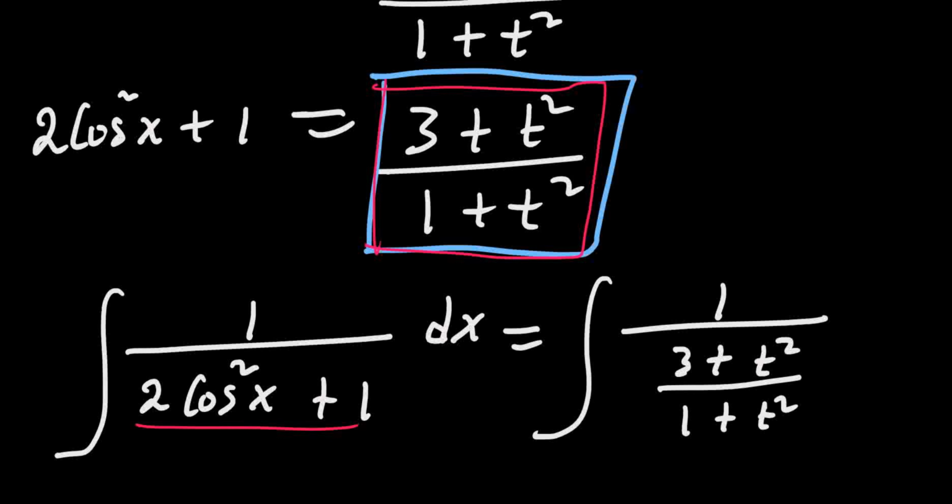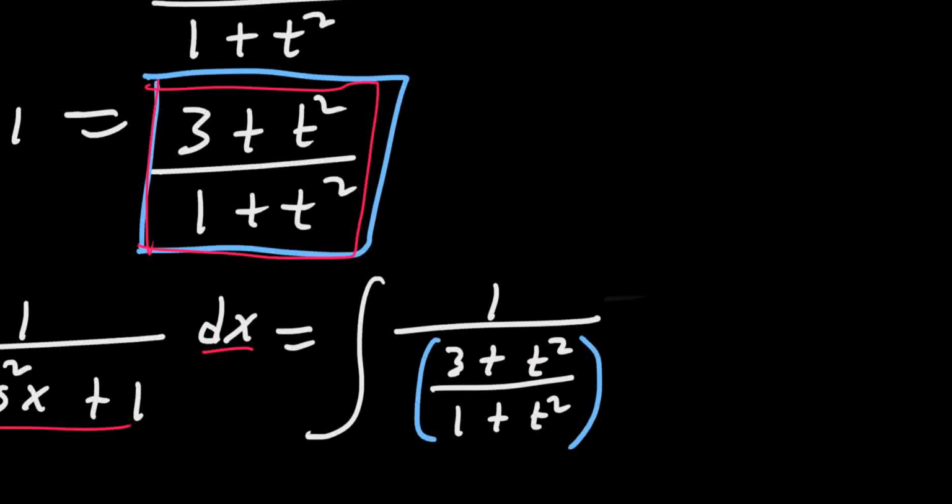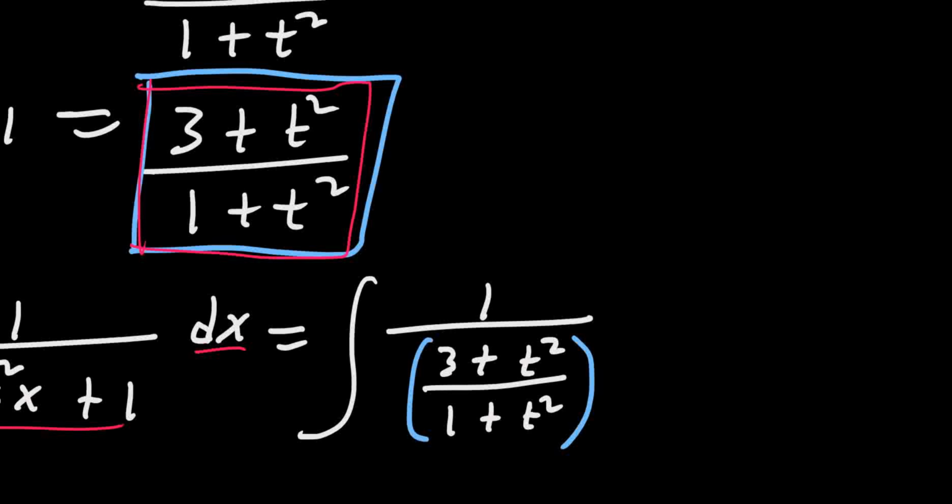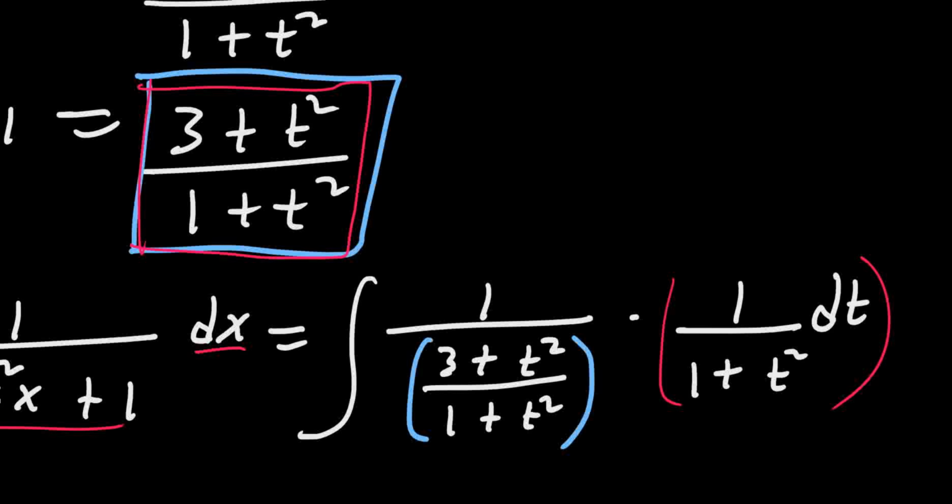So we can simply put that in parentheses. Now we have found the value of dx previously. The dx, we found that to be 1 over 1 plus t squared dt, so we can multiply by that. So this is the value of dx.